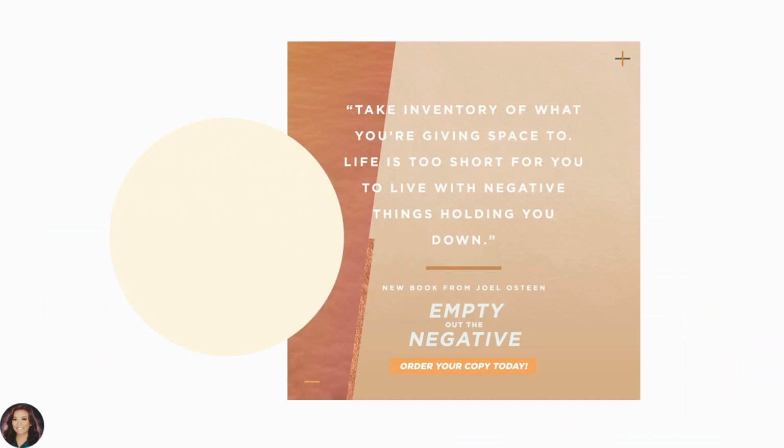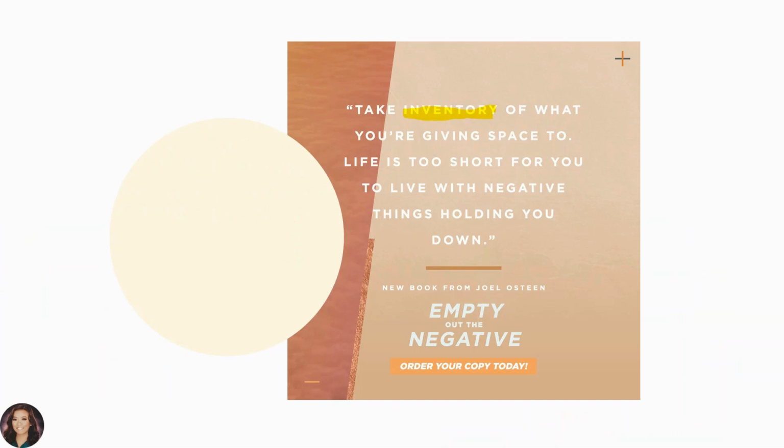Life is too short for you to live with negative things holding you down. It's so nice that we can use the term inventory for our everyday lives, not just for the laboratory. Even you, when you have time, maybe during your break, try to consider what you are giving your time to at this point of your life.